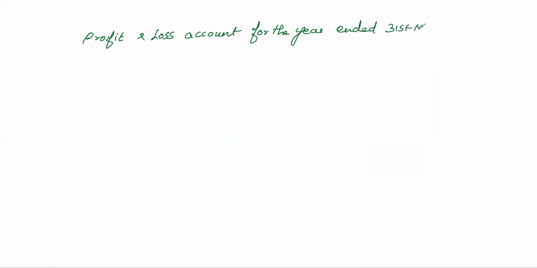So next prepare the final accounts. So final accounts, both the profit and loss account. Profit and loss account for the year ended 31st March 2016. So particulars, debit side amount.